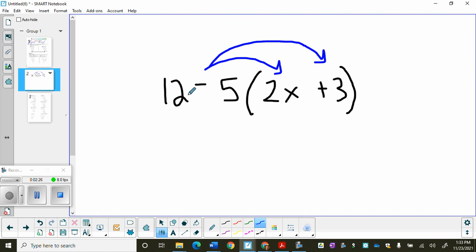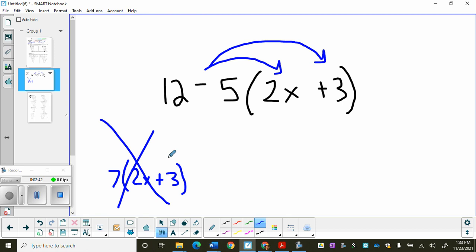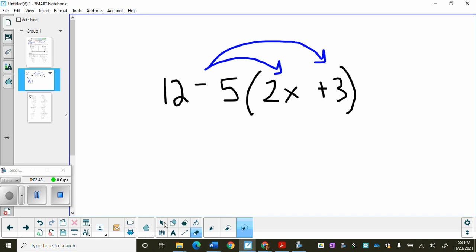You don't do 12 minus 5 and get a 7 and distribute that. That's a really big common mistake. I wanted to just go ahead and remind you guys about that at the very beginning of this video, that this is wrong because in order of operations, you're supposed to multiply before you subtract. So we do not want to subtract first. Nope. So let me get rid of that because that is wrong. We don't want to see that on the board anymore.